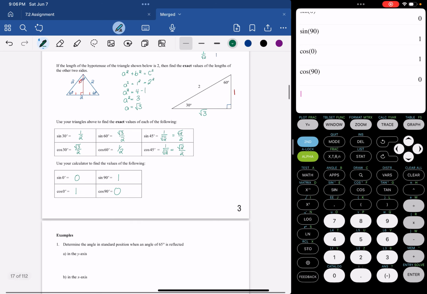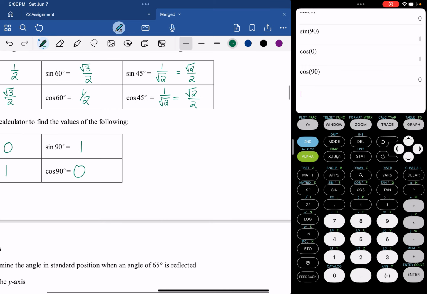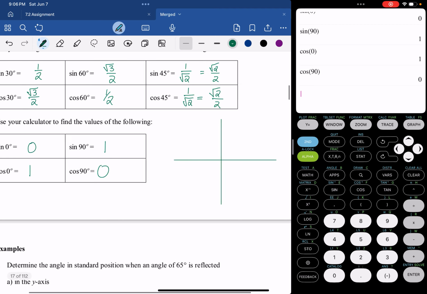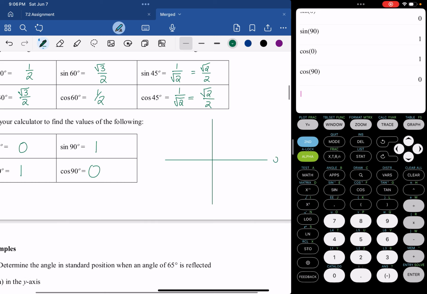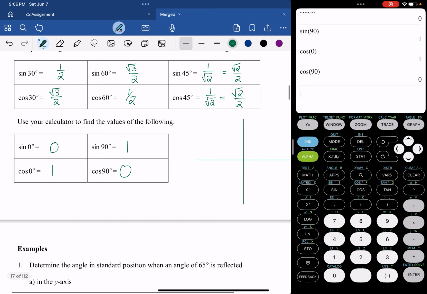And if we think back to the coordinate plane, it's kind of helpful here. If I think about at 0 degrees, 0 degrees is going to be right here. When you learn more about the unit circle in 20-1, this will come into play more, but sine acts like my y value and cos acts like my x.